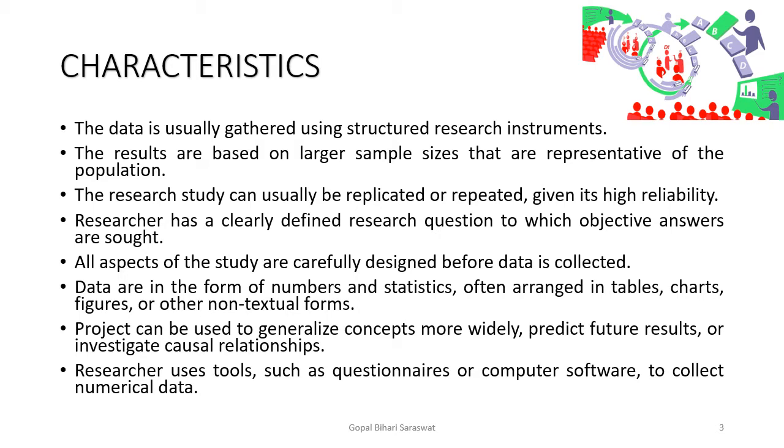This means if your questionnaire is reliable, you can replicate the method, replicate the instrument or questionnaire again and again. We are going to deal with the issue of reliability in upcoming slides. Further, the next characteristic is that the researcher has a clearly defined research question to which objective answers are sought.